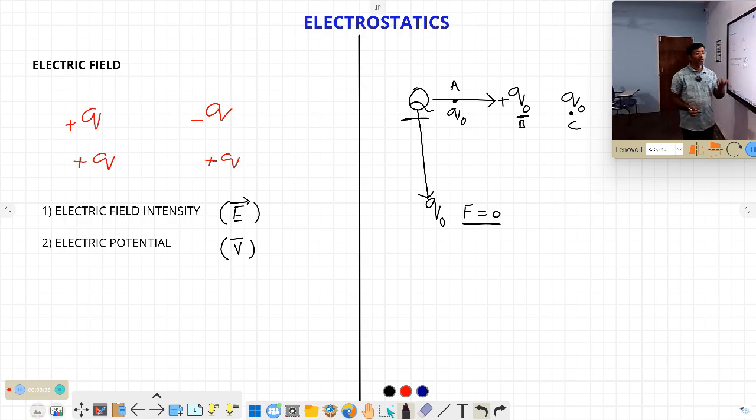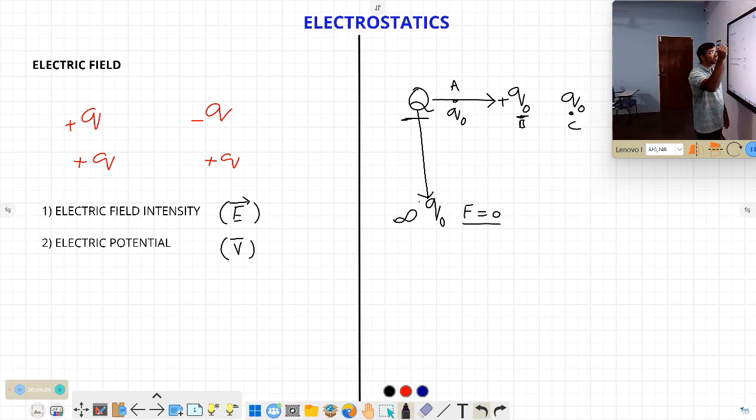So the concept of electric field, simply put, is the region up to where the influence of one charge is felt on the other charge. This charge influences the other up to the point where the force acting is zero. Practically, that is at infinity, because if you keep the test charge at infinity, the force acting on it becomes zero.